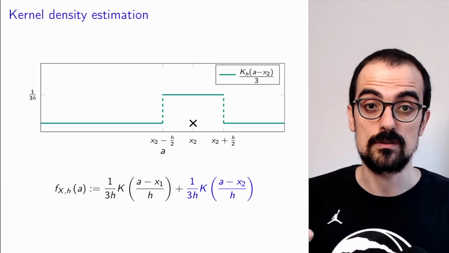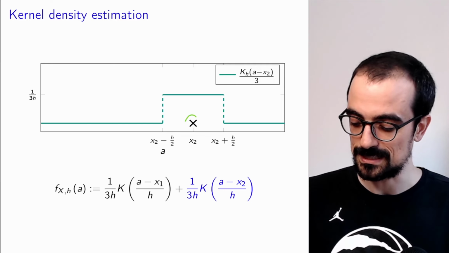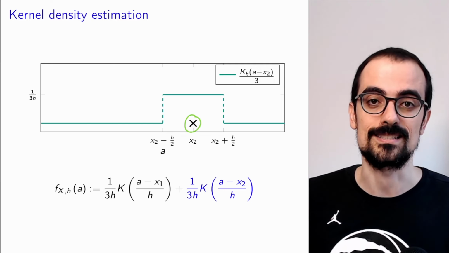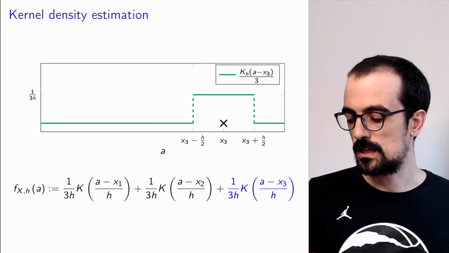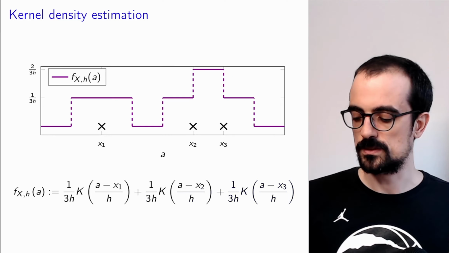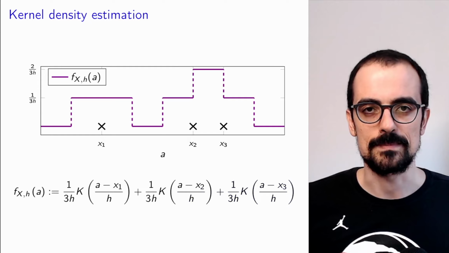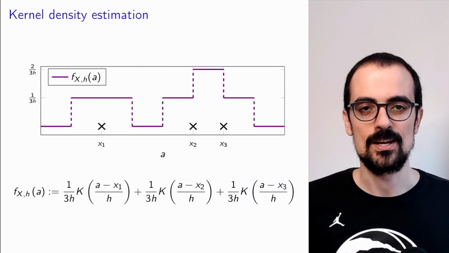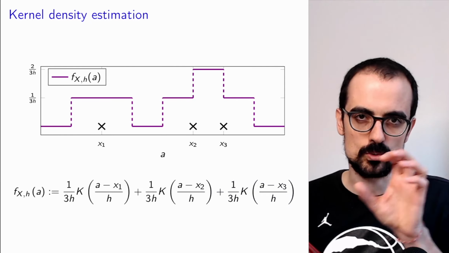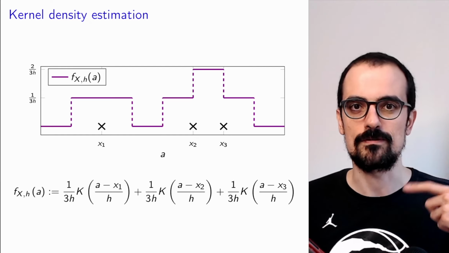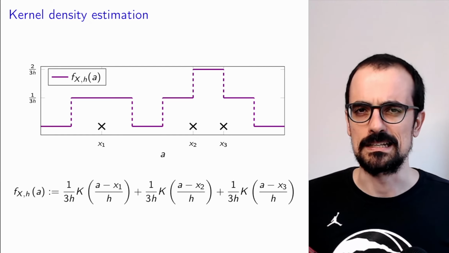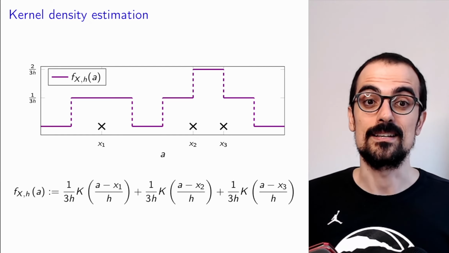The crucial difference with the histogram is that these are centered at the data points. Otherwise, they would be centered at the center of the bins. And another one for the third point, and boom, this is our estimate of the density, which is more flexible. It adapts to the data structure a bit more flexibly, I hope flexibly exists as a word, than the histogram.